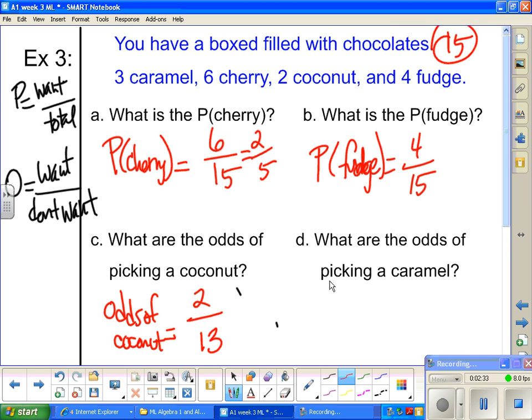The next one, what are the odds of picking a caramel? So caramel is 3, and then 15 minus 3 is 12. And I can go ahead and reduce that to 1/4. And remember, we can write this as a ratio, 2:13, and this would be 1:4.